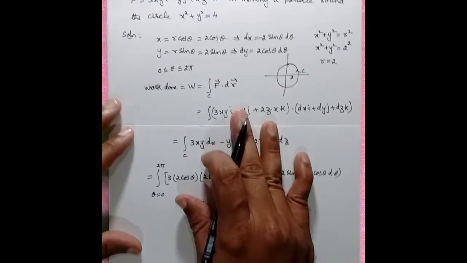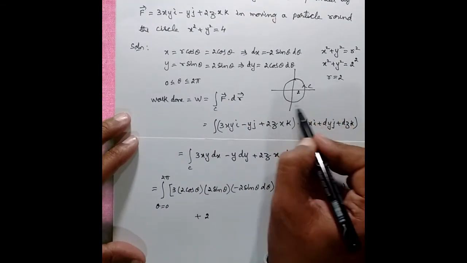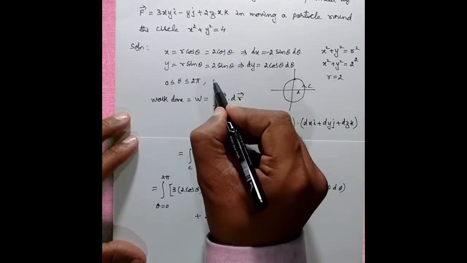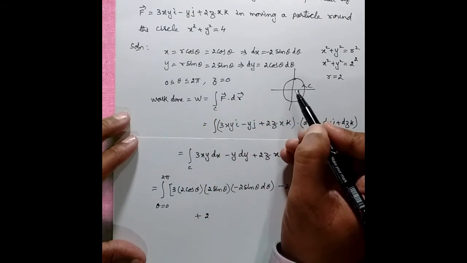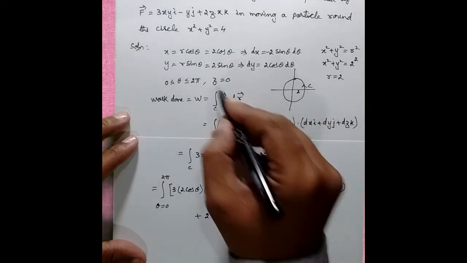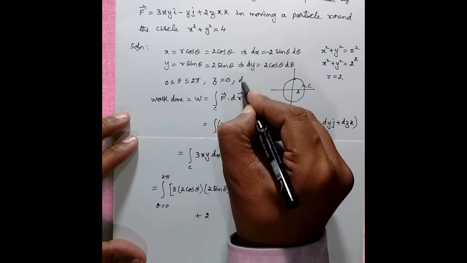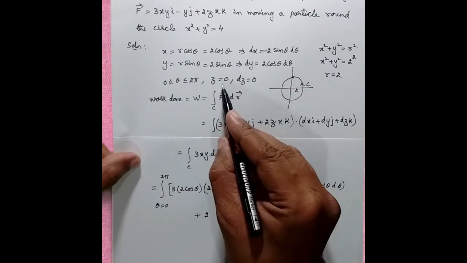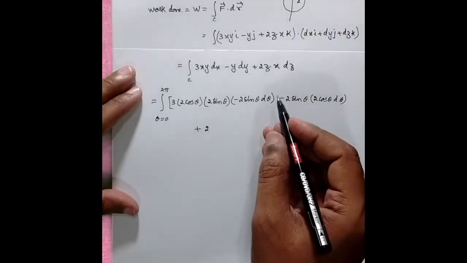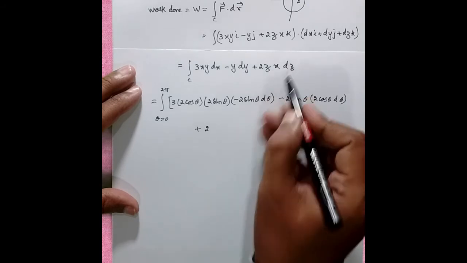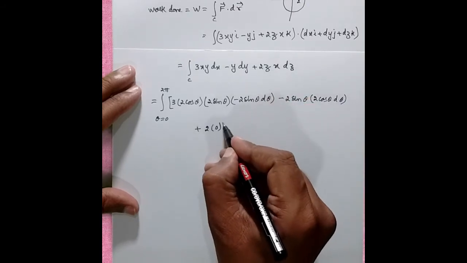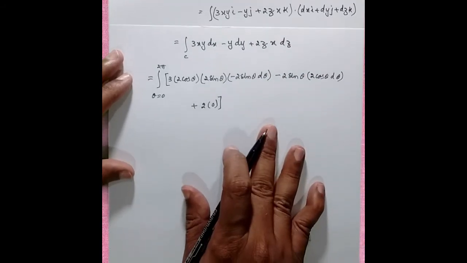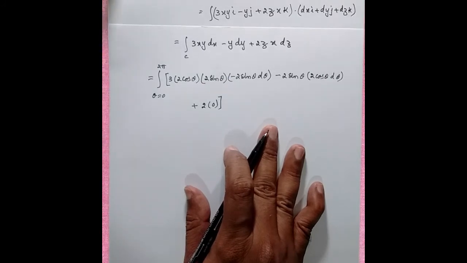The value of z is not defined over here because we are taking a circle, so we will take z to be 0. If z is 0, its derivative dz will also be 0. So z is 0 and dz is 0, and 0 into anything will be 0 itself. So let us try to simplify this result.